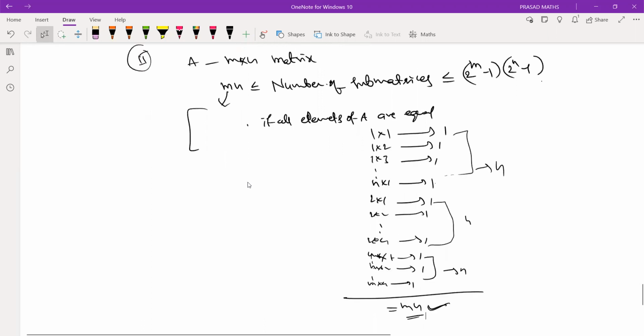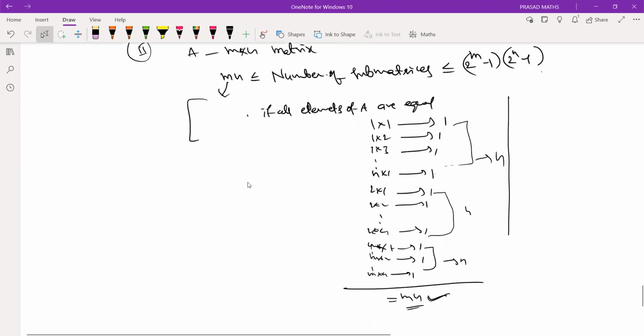Suppose all elements are distinct. Suppose I need a p by q matrix. What is the number of submatrices of order p by q?